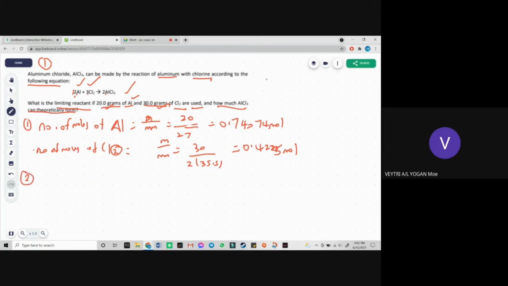Now step number 2 is the stoichiometry that you are going to learn. Based on the equation, 2 moles react with 3 moles. So you write down 2 moles of aluminium reacts with 3 moles of chlorine, clearly written over here, 2 aluminium, 3 chlorine.